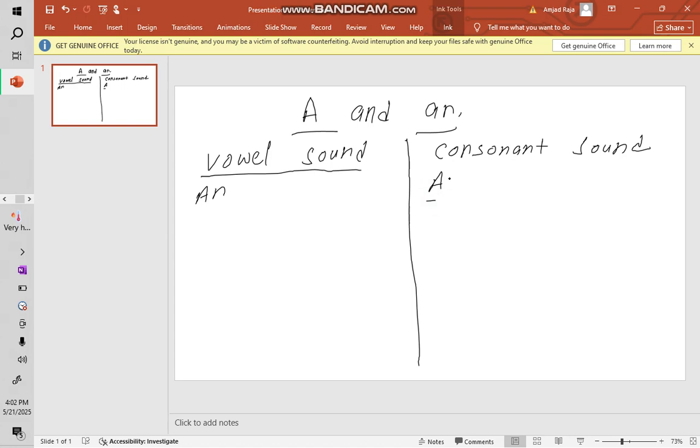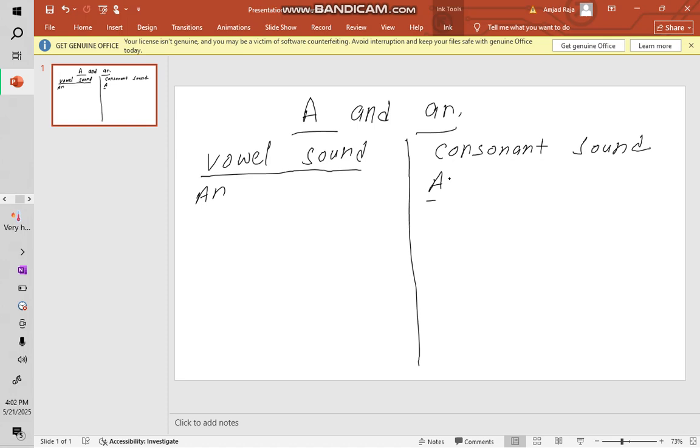Instead, we will use an. So the bottom line between the use of a and an is sound: vowel sound, consonant sound. We will not focus on the vowel or consonant alphabets, but only on the sounds.